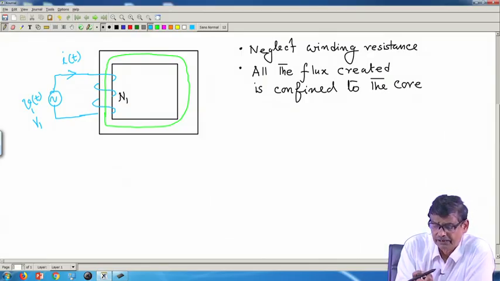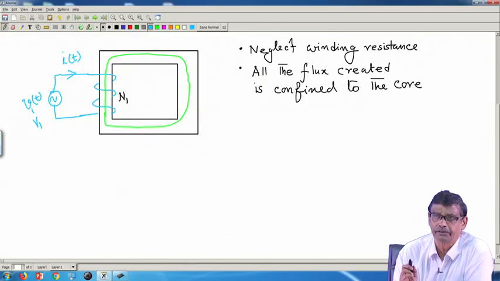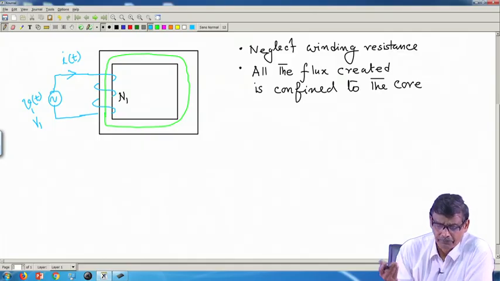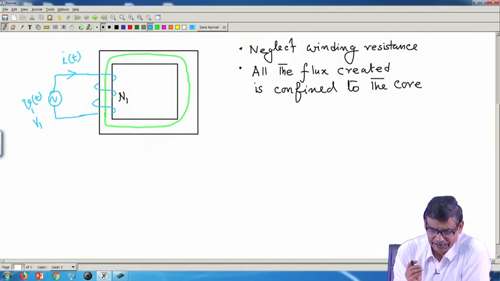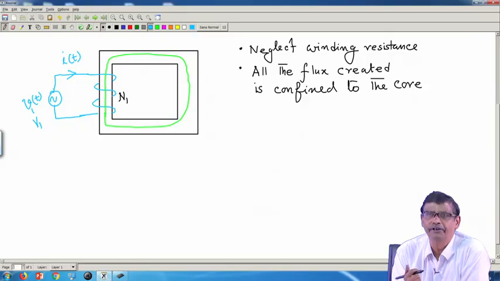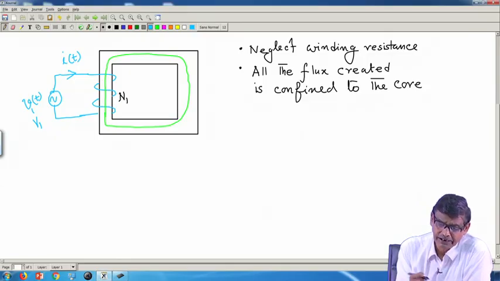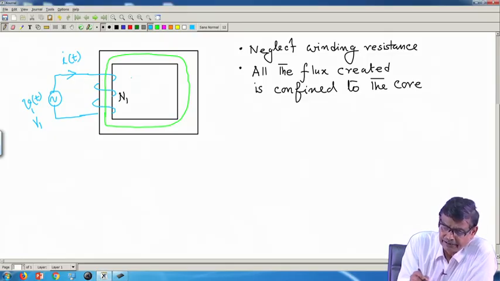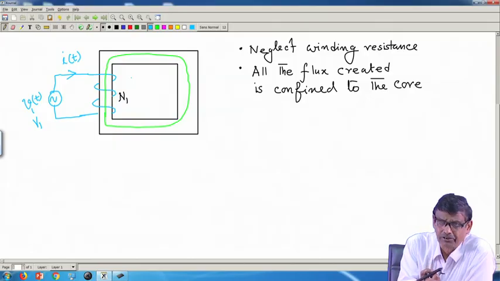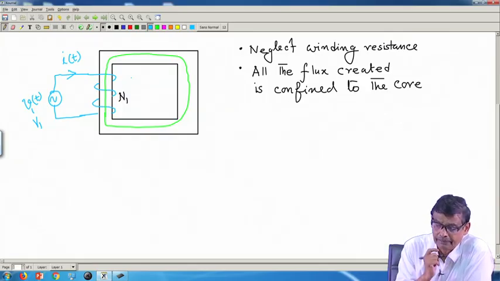The value of the current will be decided by the inductance of the coil. That way one can think, but I will tell the same thing in a slightly different way. Suppose it draws current, and this current will also be sinusoidal. Why will it be sinusoidal? Because your supply voltage is sinusoidal, there cannot be anything else.